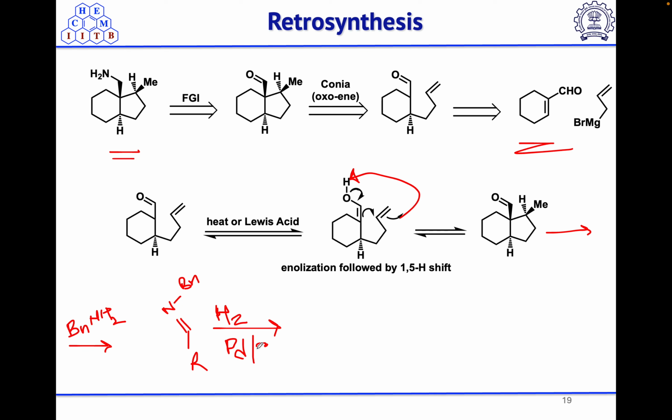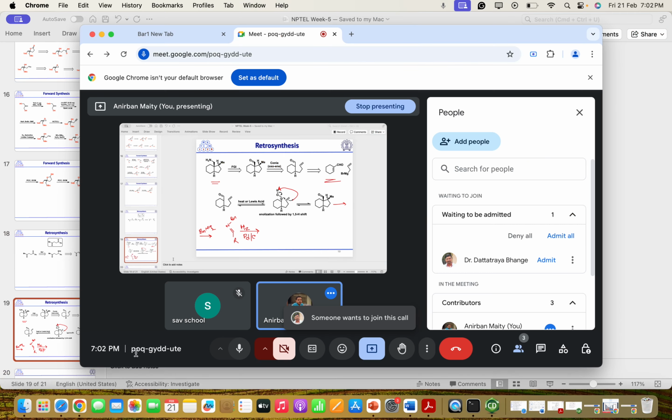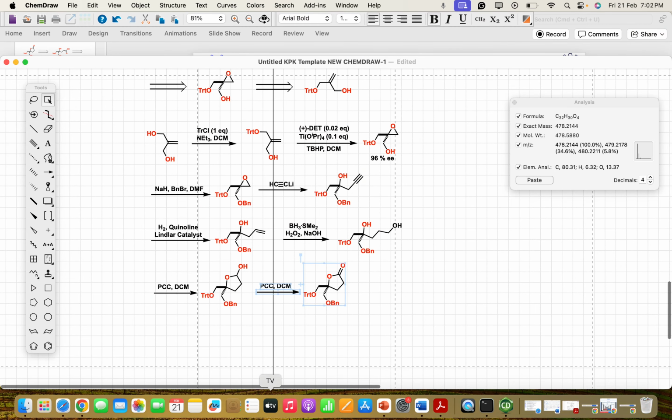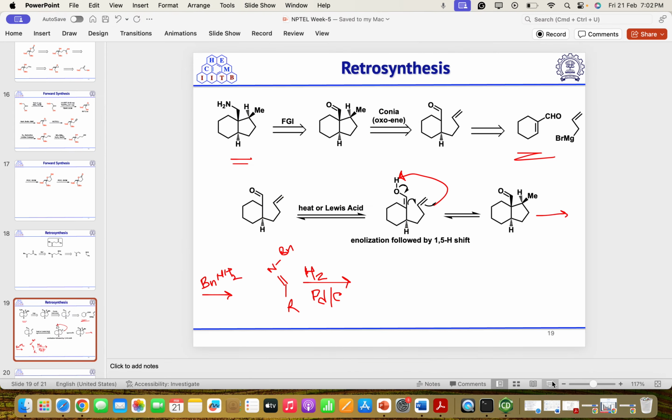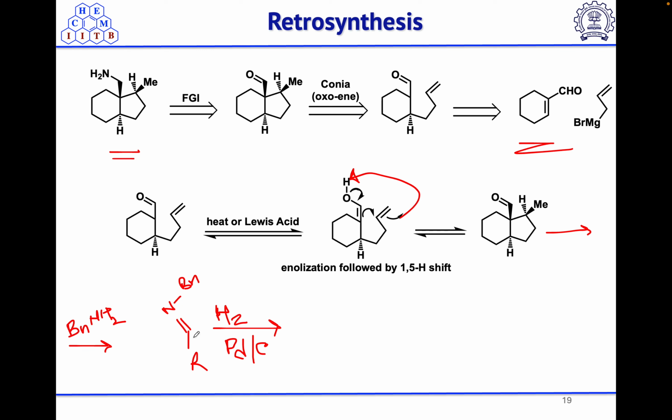So it can reduce this imine as well as deprotect this benzyl group. We are using the same protecting group so that we can get both reductions. So we'll get this primary amine, and this last conversion we can easily get.